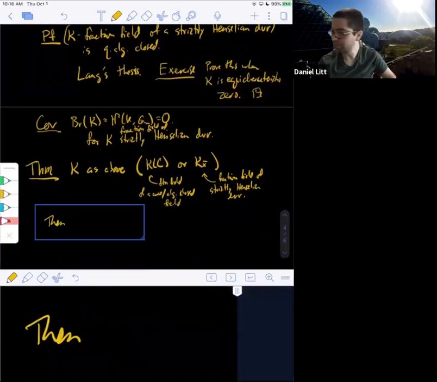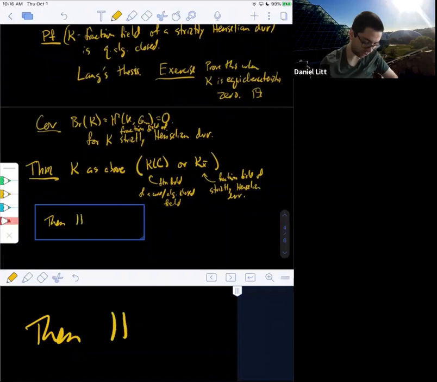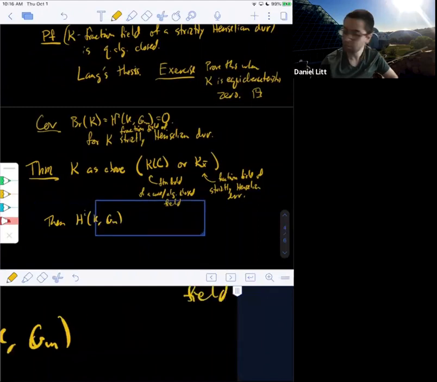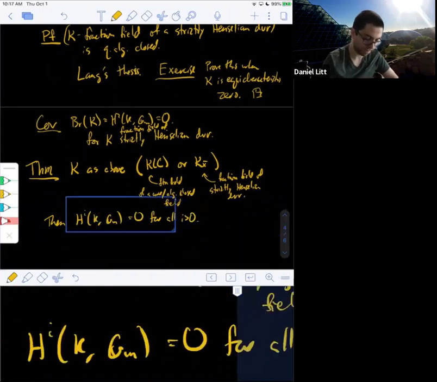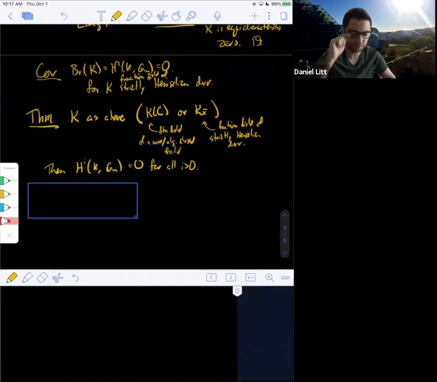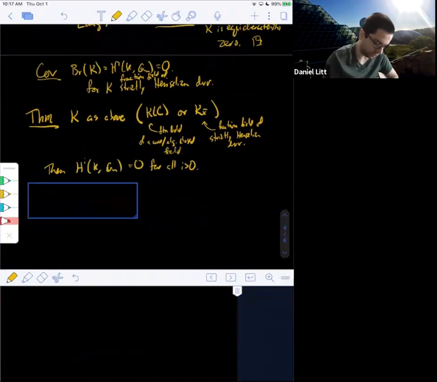Then the theorem is that H^i of K with coefficients in G_m is 0 for all i bigger than 0. All right. So this is kind of the main theorem of the day. So let's talk about the proof.